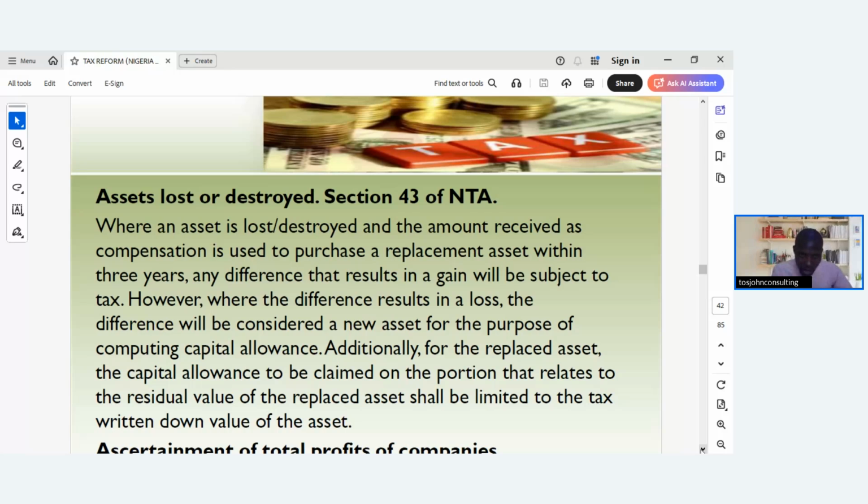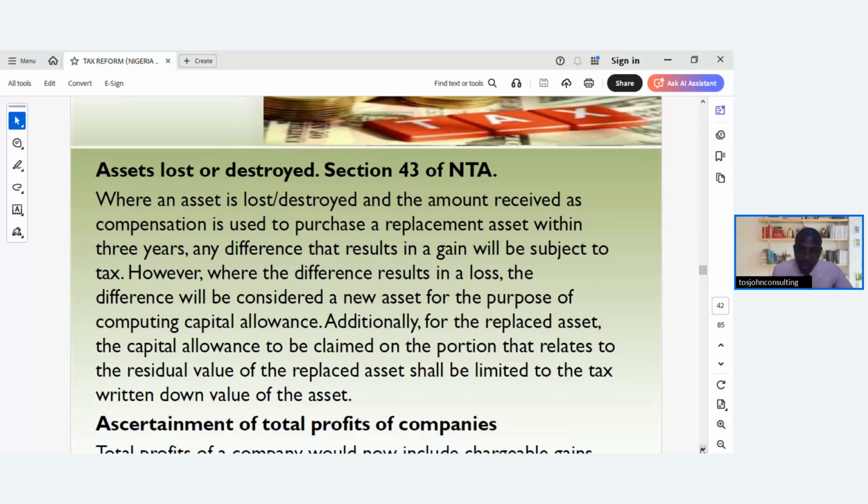However, where the difference results in a loss, the difference will be considered a new asset for the purpose of computing capital allowance. So you can see the difference. Additionally, for the replaced asset, the capital allowance will be claimed on the portion that relates to the residual value of the replaced asset shall be limited to the tax written down value of the asset. That is what it is.